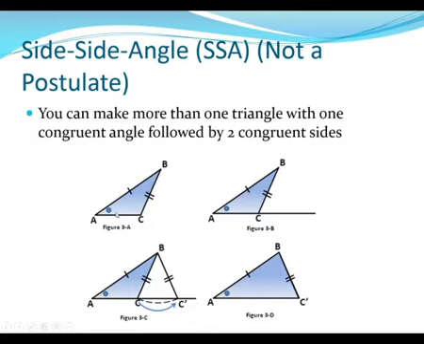Like these two triangles have two corresponding sides that are congruent, and a congruent angle, but they are two completely different triangles. Remember, if you use this side and swing it out, you can make a completely different triangle. The angle up top changed, but that's not one of the congruent parts that's supposed to stay congruent. So SSA epically fails, and it spells a bad word, so obviously it's not going to work.